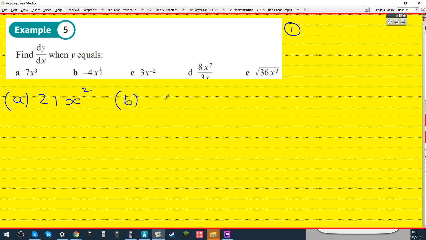Did you say? Then would you do 21x squared over 7x cubed? No, finished. Full marks. Oh, okay. Part B. Minus 2x to the power of minus a half. Yep.